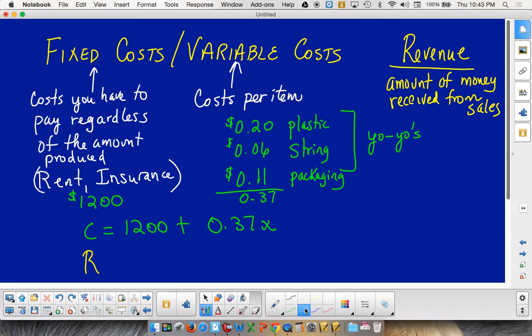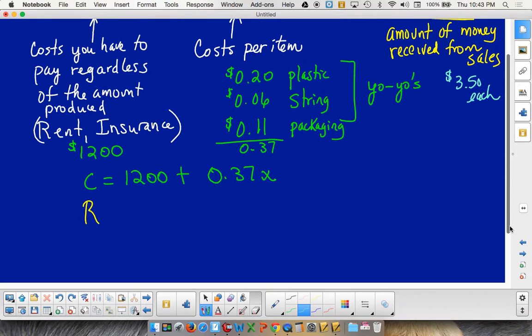Say we are selling our yo-yos for $3.50 each. That's what we're selling them for in the store. So our revenue equation then is simply $3.50 times the number we sell.